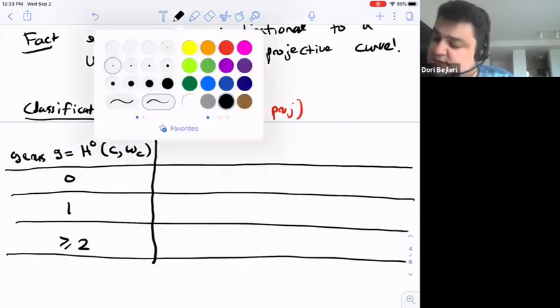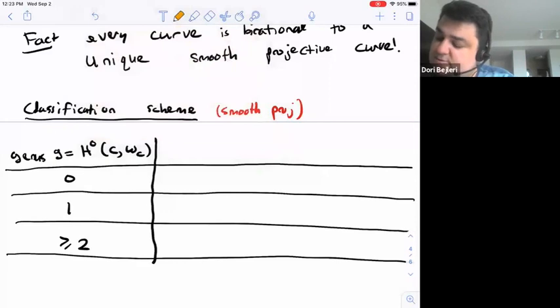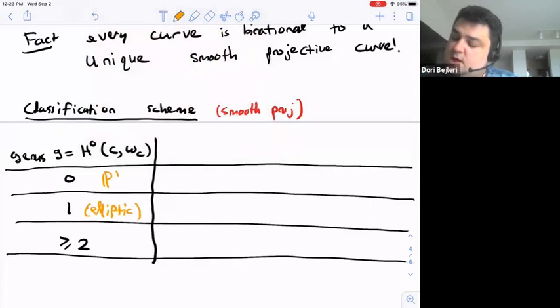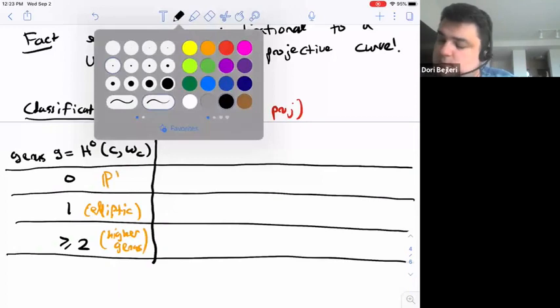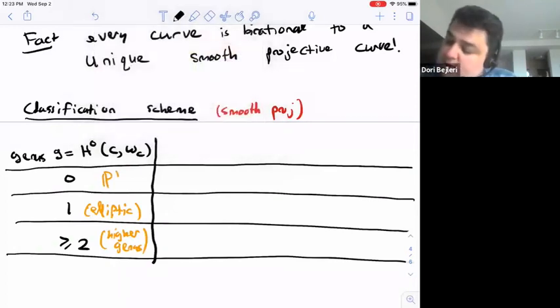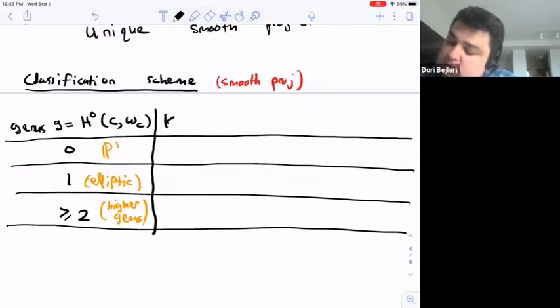So in this genus 0 case, we have just P1. In this genus 1 case, these are elliptic curves. And in this genus greater than or equal to 2 case, we'll just call them higher genus. And we can ask, what are the properties of this canonical divisor?